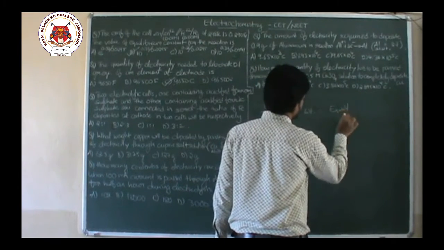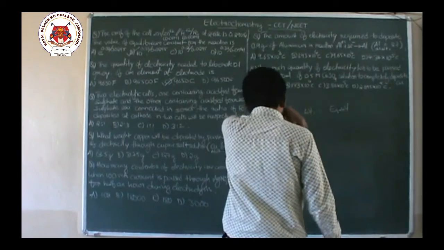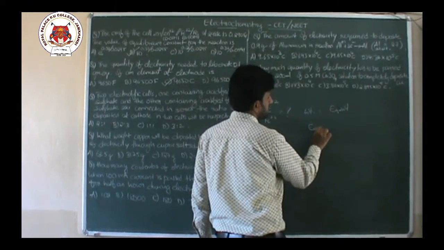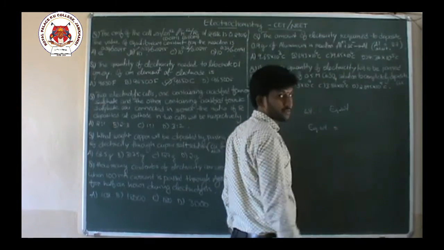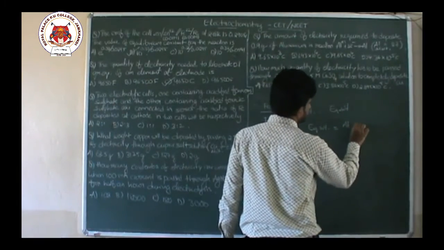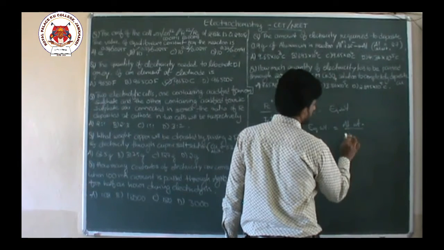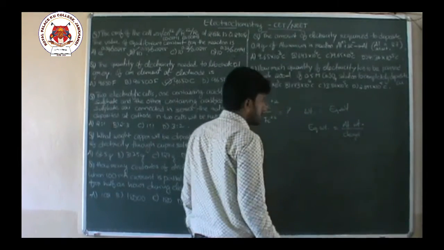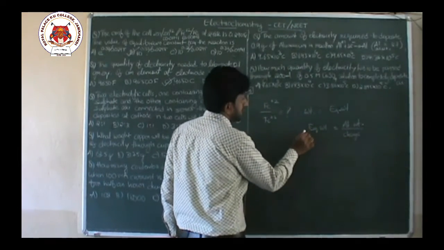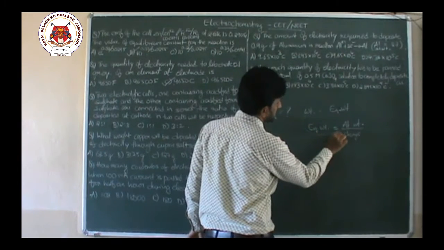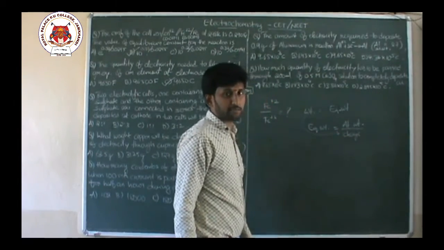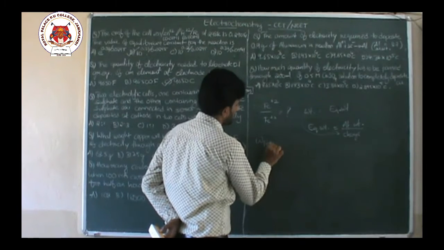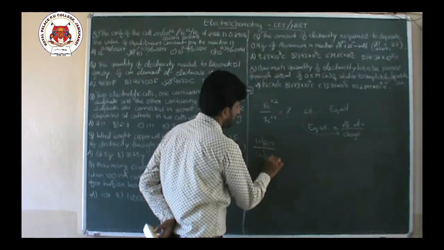The equivalent weight of any substance, in case of ions, is atomic weight by the charge present on the ion or valency. That means the weight of the substance deposited is inversely proportional to the charge present on the ion.